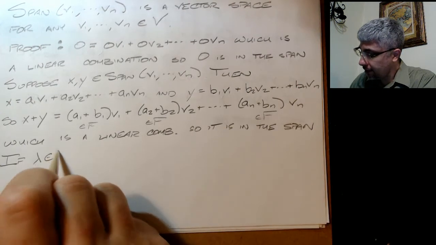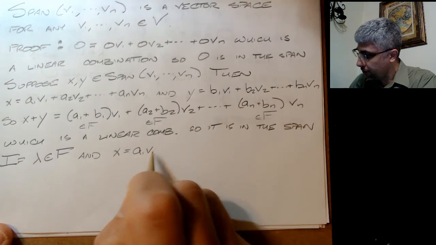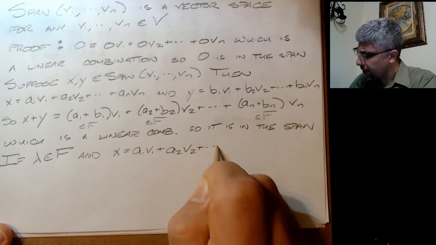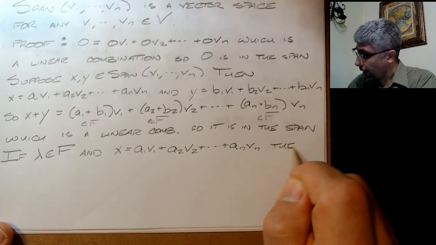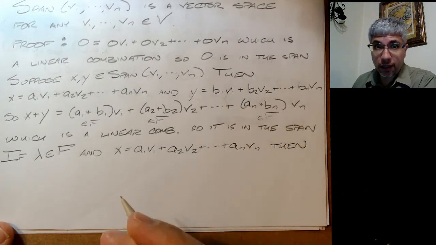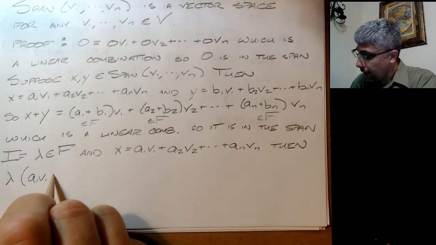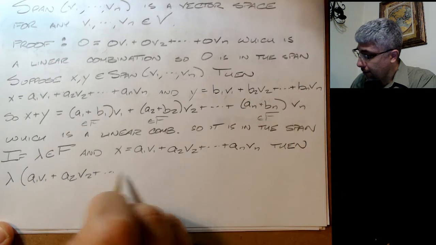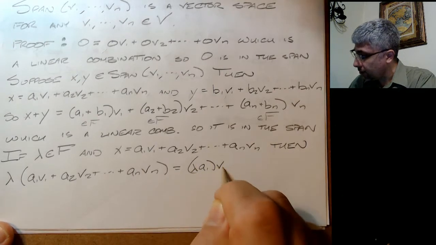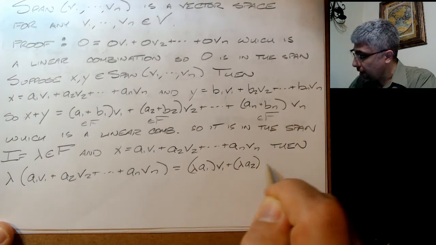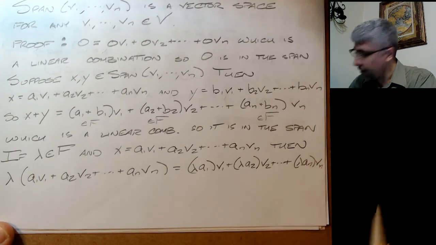If lambda is in the field and x is equal to a1 v1 plus a2 v2 plus dot dot dot an vn, I want to show that after we scalar multiply, we will still be in the span. And how do we do that? Well, I take lambda times this, and this is going to be lambda a1 times v1 plus lambda a2 times v2 plus dot dot dot lambda an vn.